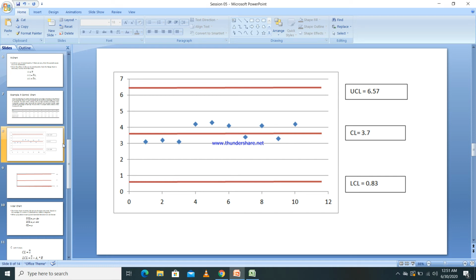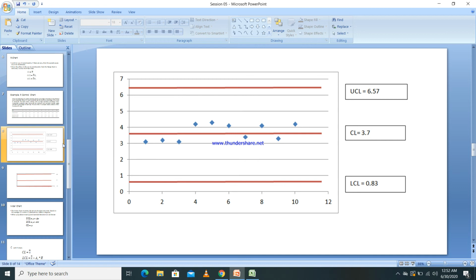You can see the control limits and the observations, and you can see all the observations are within the upper control and the lower control limit. That is, we can conclude our process is in control. Okay, but there are small problems, but in this case I'm not going to discuss those problems.